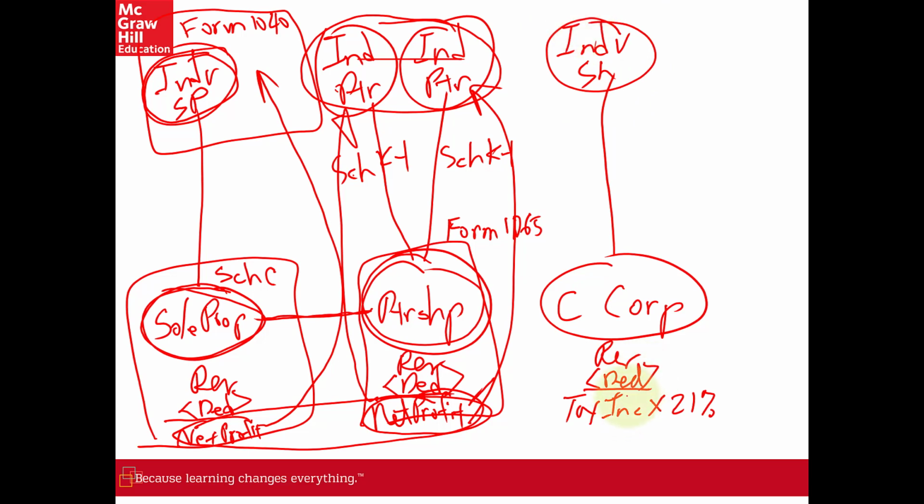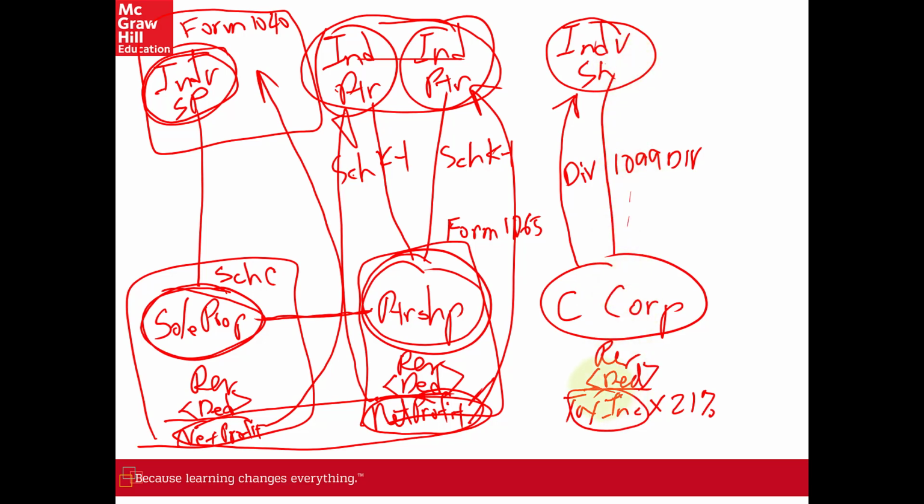But this profit down here is not reported directly on the individual's tax return, only when the corporation declares and distributes profits to the shareholder. Remember, we call that dividends, reported to the shareholder on a form called 1099 DIV. Only now is the shareholder going to pay taxes on the profits that the corporation had earned.